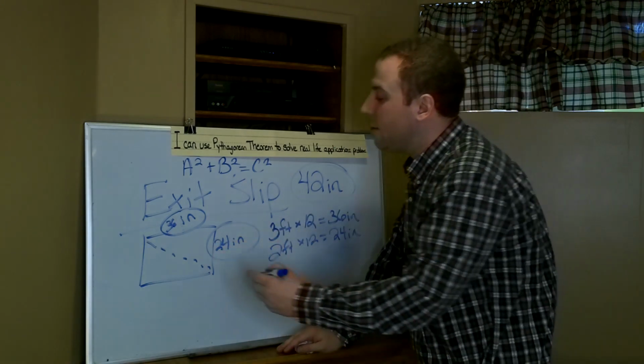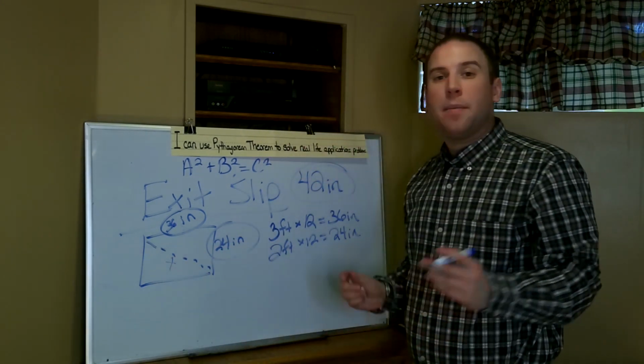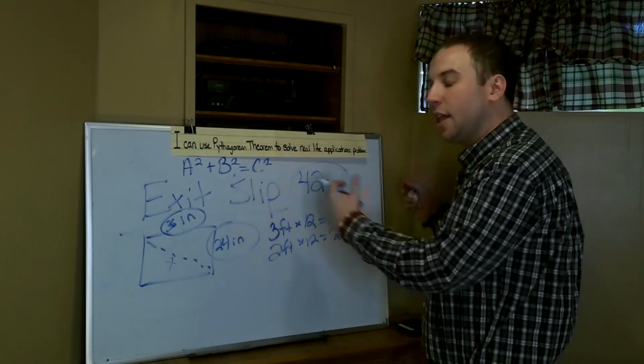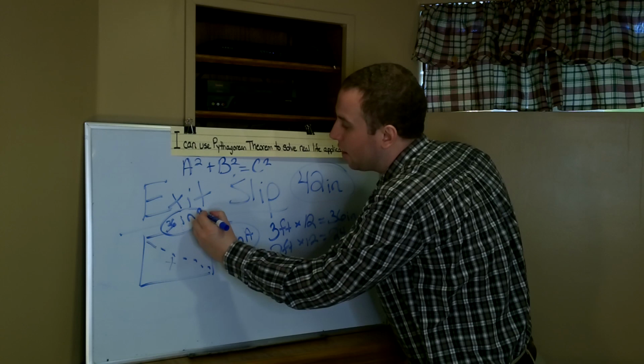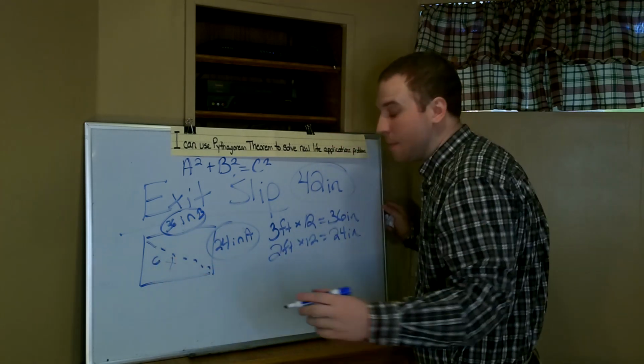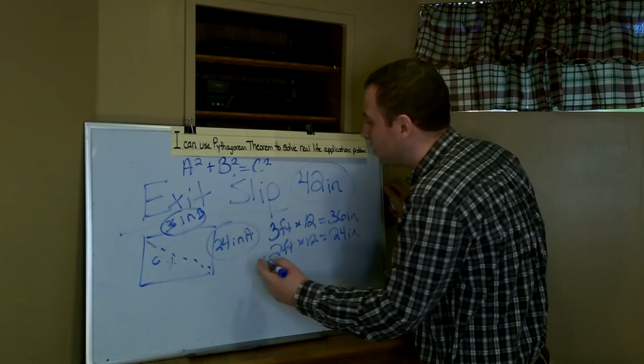So now what we're needing to find is the diagonal, or the hypotenuse, for this television, this mount. So, once again, 24 will be a, 36 will be b, and x will be c. Let's use the Pythagorean Theorem to solve this.